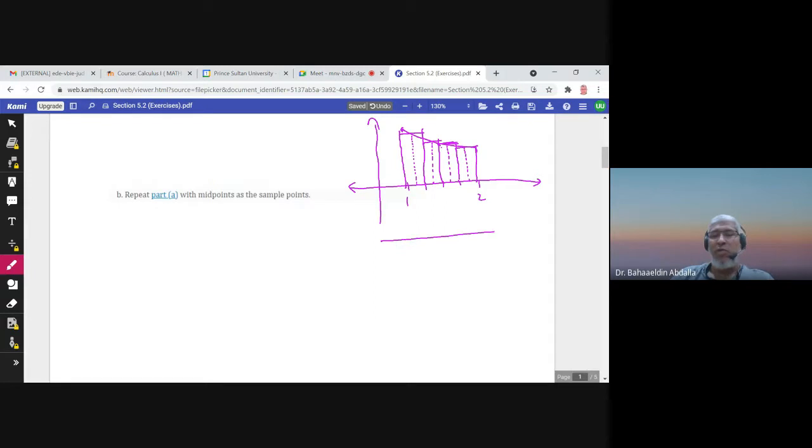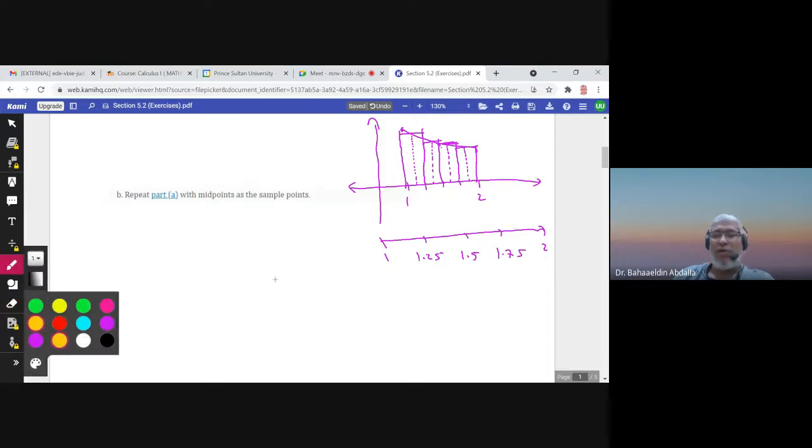So this is 1 and this is 1.25, and this is 1.5, and this is 1.75, and this is 2, but we need to find the midpoints. The midpoints are here.